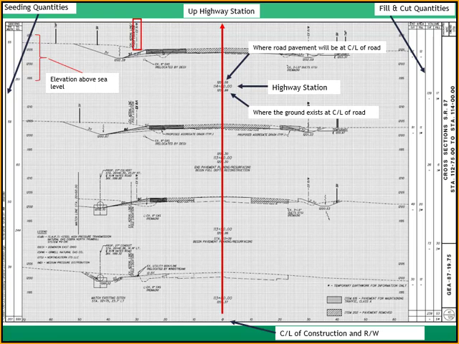I've just drawn in a rectangular red box that shows the existing right-of-way. So I've just now drawn an arrow from that rectangular box going to the bottom of the screen. That shows that the existing right-of-way is 30 feet from the center line of the road.